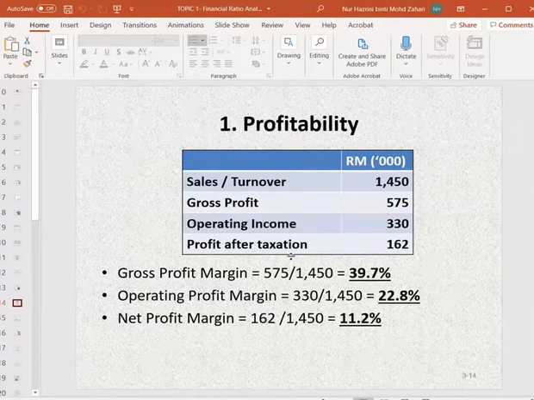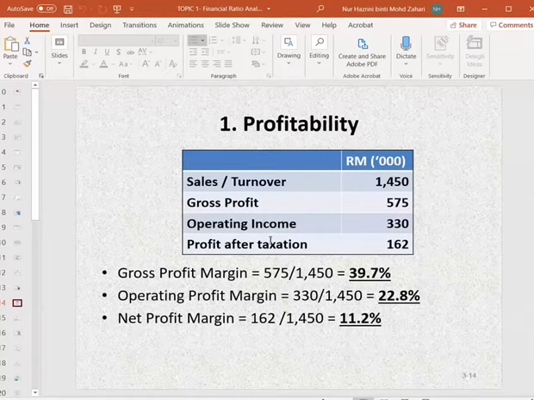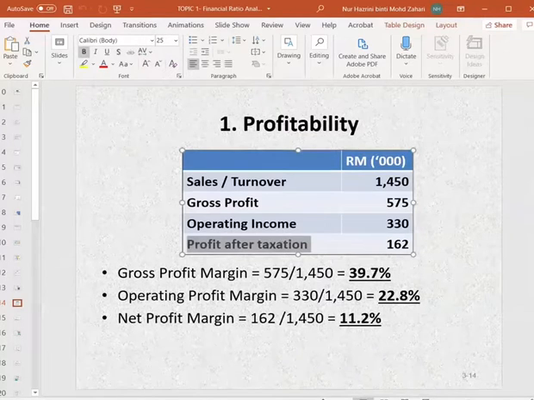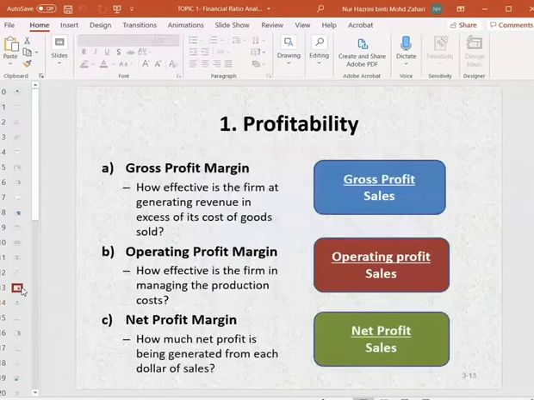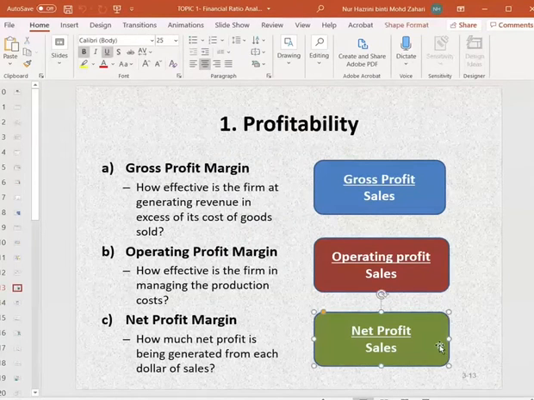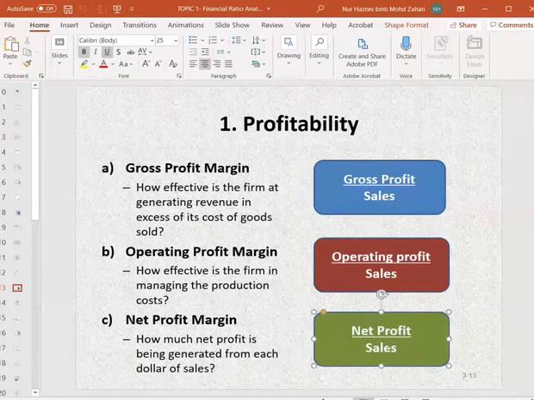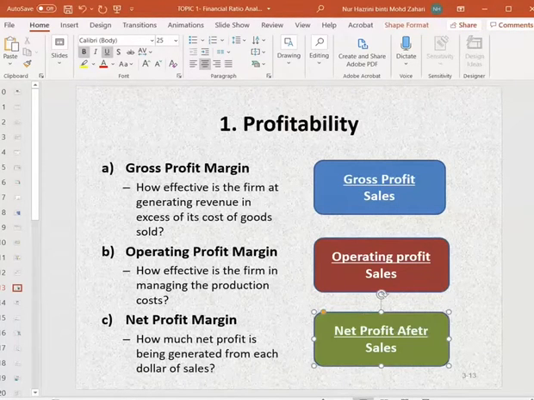And for net profit margin, you will take the net profit. Remember, you have to take the net profit after tax. Later also, when we discuss other ratios, whenever you look at a formula that has the net profit, please remember you have to take the net profit after tax.